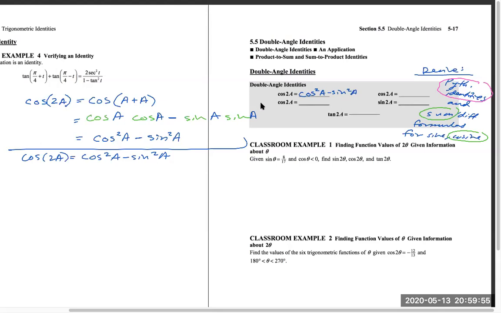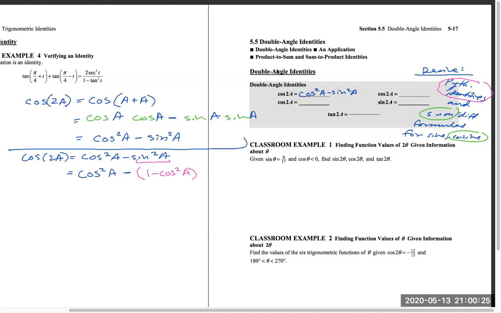What I'm going to do is change sine squared a to the quantity 1 minus cosine squared a. So that's a Pythagorean identity moved around.